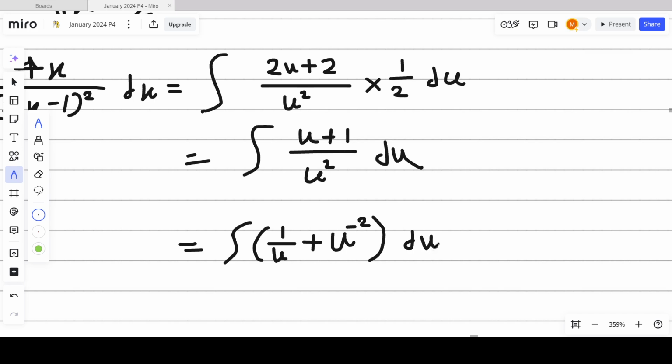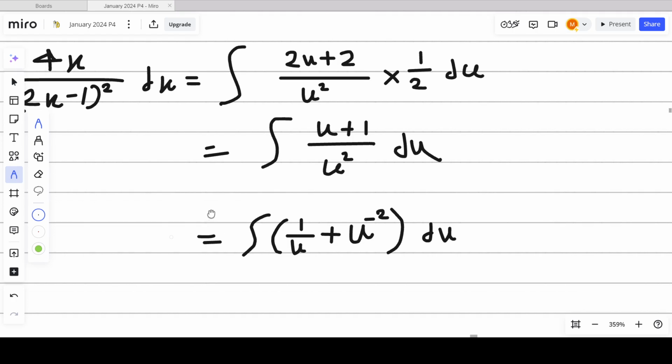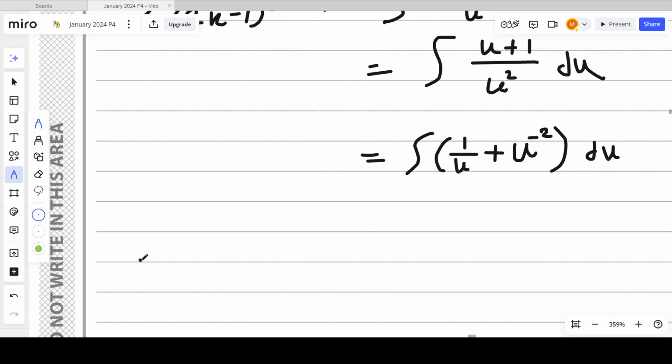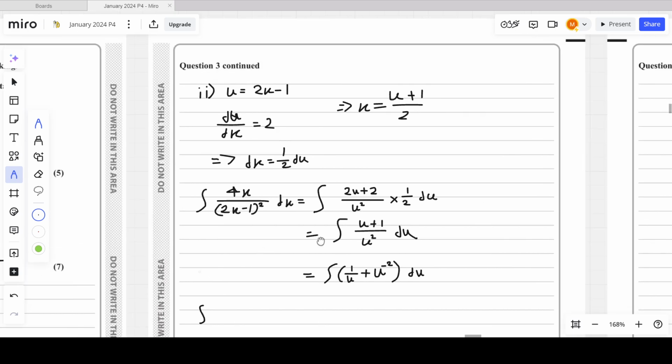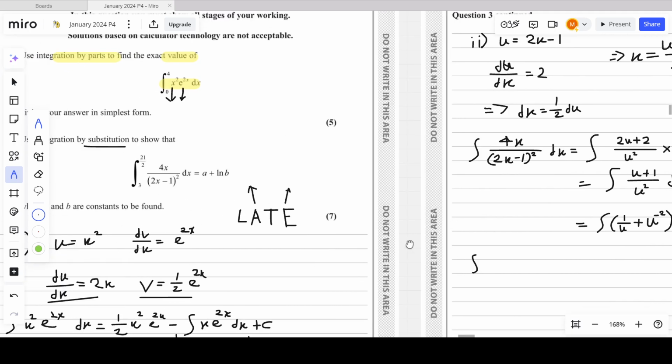Okay. Now look, all the terms are in terms of u. Now let us put the limits. The upper limit was earlier, what was that? 21 over 2.